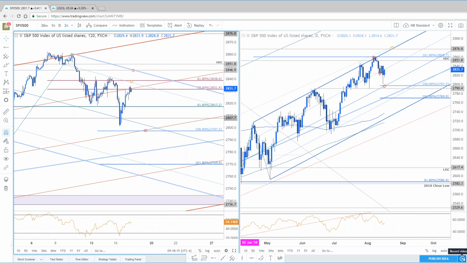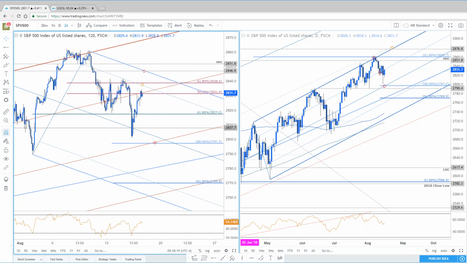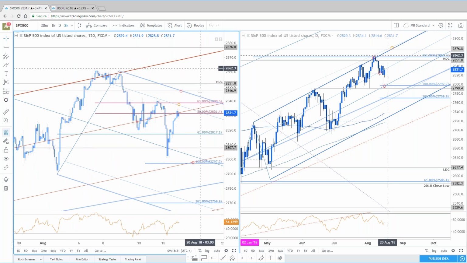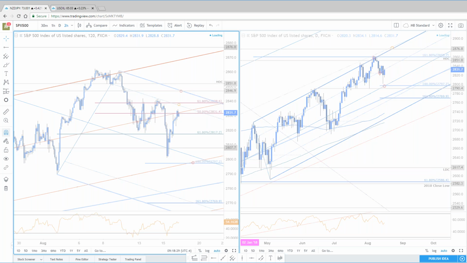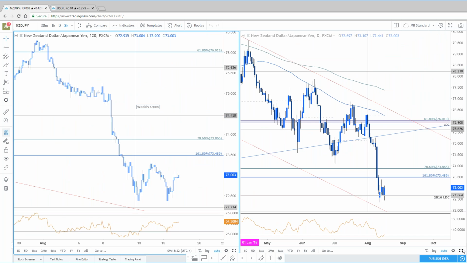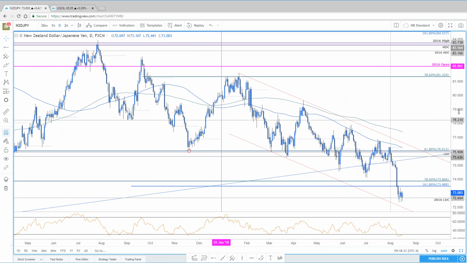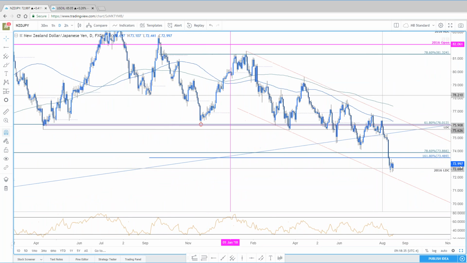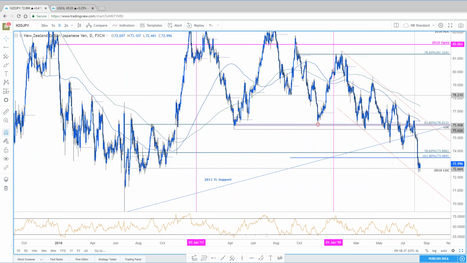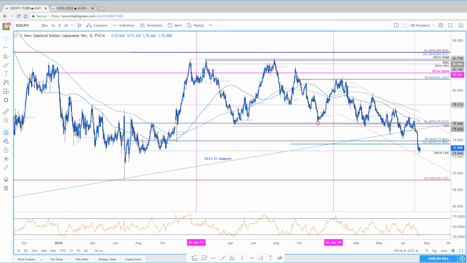So, Peter, hope that offers some color. Again, I don't actively trade the SPX personally, so that's just my take on what we're seeing in price. You also want to take a look at Kiwi yen and then Euro yen here for D. So Kiwi yen, I haven't been following, Peter, but here's what the daily chart looks like. I wrote this earlier to you in the session before the webinar. 72.66 is actually the 2016 low day close.